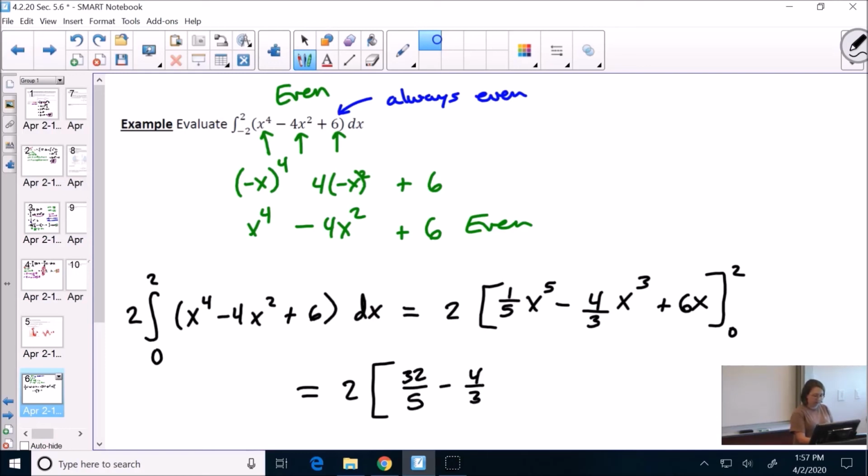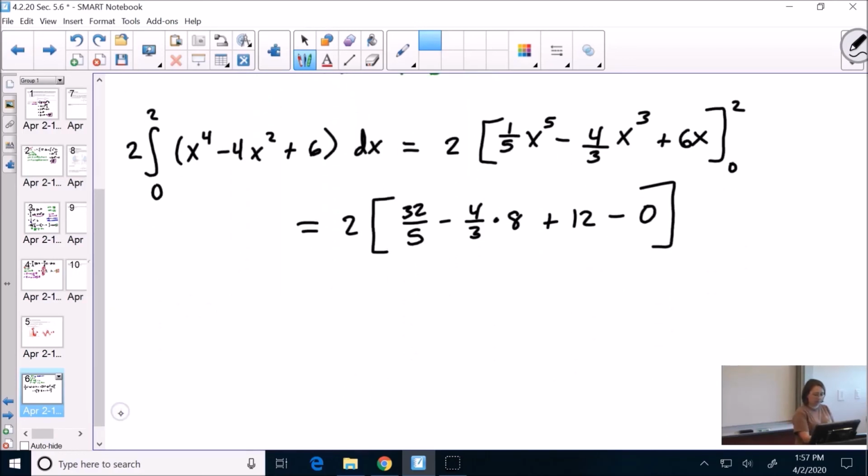Minus 4 over 3 times 2 cubed, which would be 8. Plus 6 times 2 is 12. That's what we would plug in for 2. Minus, we plug in 0, well everything zeroes out, it's all gone. So 2 times 32 over 5 minus 32 over 3 plus 12 over 1.